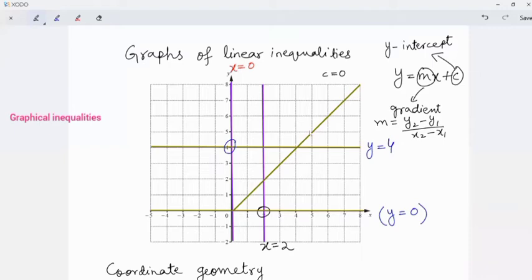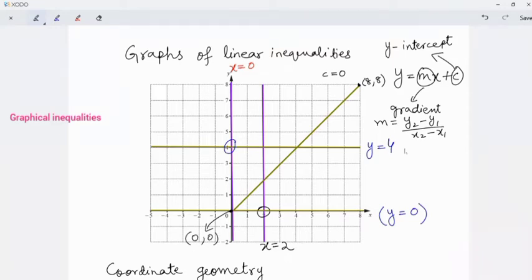If I take this point, what are the coordinates? On the x-axis it is 8, and on the y-axis it is also 8. So the coordinates are (8, 8). I can take any other point, this one, the origin, with coordinates (0, 0).